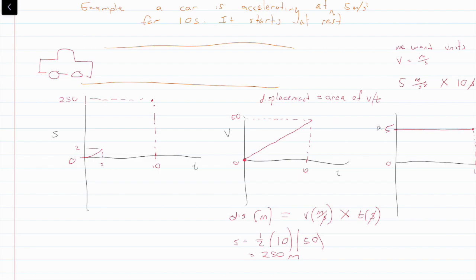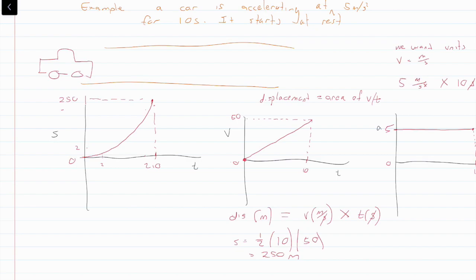But then it's speeding up and speeding up, and right at the end, in the last 2 seconds, it's done maybe 10 meters or 20 meters or 50 meters. So we have a graph where we start out with a slow gradient and you're speeding up, so the gradient gets steeper and steeper. I hope that makes sense.